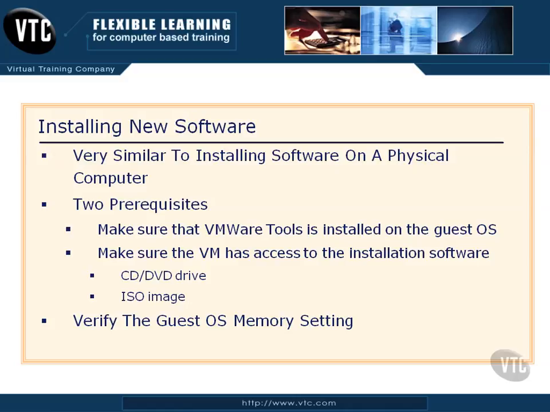Then when I start it back up the next time, I get this irritating thing about reactivating the software. Changing that memory setting can trigger one of the flags in some of the software, especially Windows software, saying that there's been a hardware change, indicating to them that maybe this has just been installed on a separate physical machine than what it used to be, and so you're going to have to reactivate, and that just irritates you. So make sure you've got all your settings done before you install software to keep from having issues later.